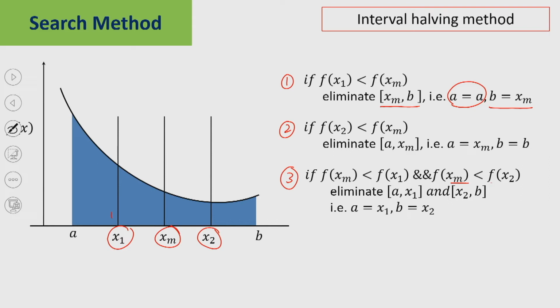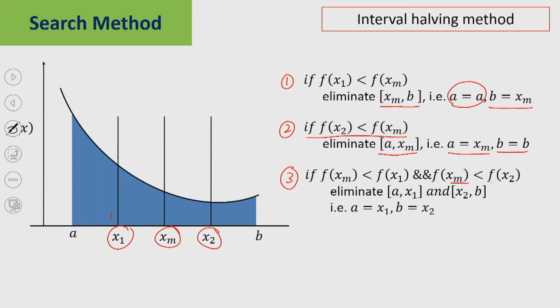Now, in the case of condition 2, if f of x 2 is less than f of x m, then you will eliminate the region from a to x m. So, in that case a will be equal to x m and b will be unchanged.